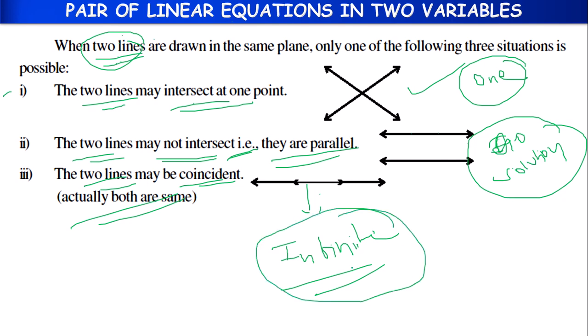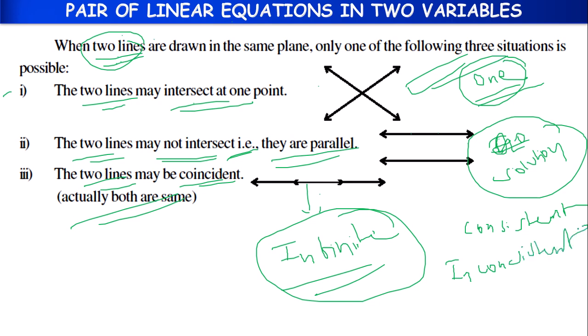If they have only one solution, then the equations are called consistent equations. If they don't have any solution, they are called inconsistent equations.